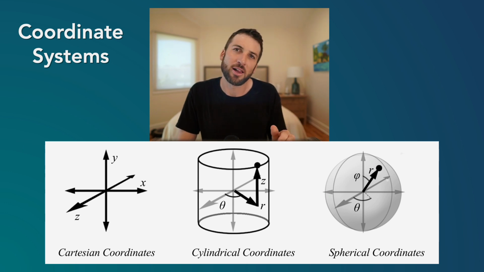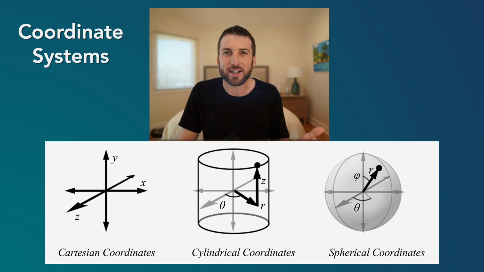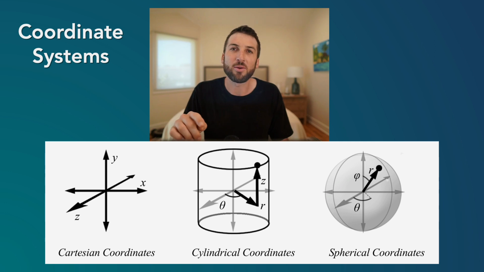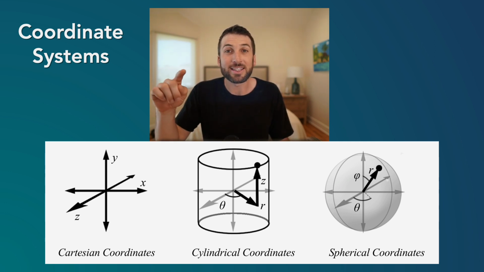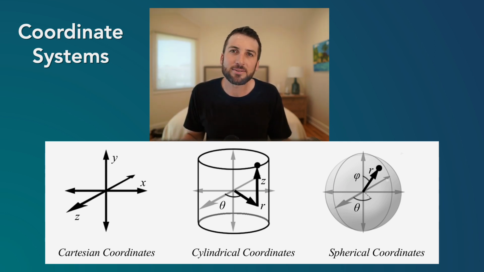Now, in order to define these vectors and understand forces, it's really important to establish what is the coordinate system. One of the very basic coordinate systems is the Cartesian coordinates. And this has the x direction, which can be thought of as horizontal, the y direction, vertical, the z direction, in and out. And this can define a three-dimensional volume.